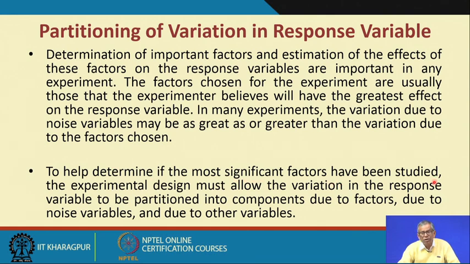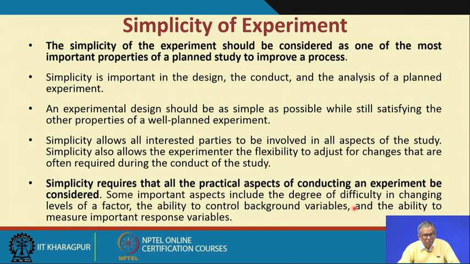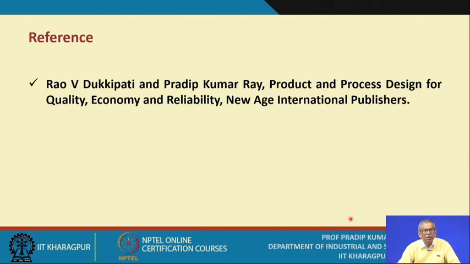That is most important, particularly for the product development stage, like in offline quality control. The experimental design must allow the variation in the response variable to be partitioned into components due to factors. So, degree of belief and simplicity of the experiment are two important factors you must believe in.